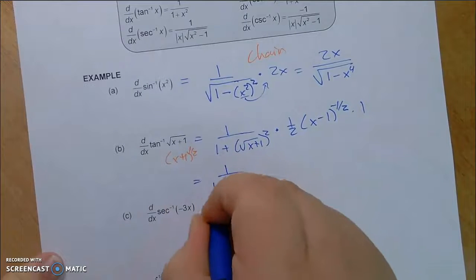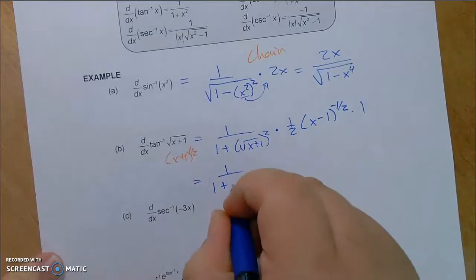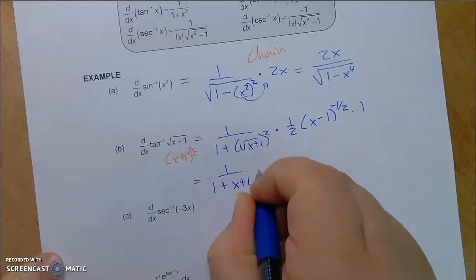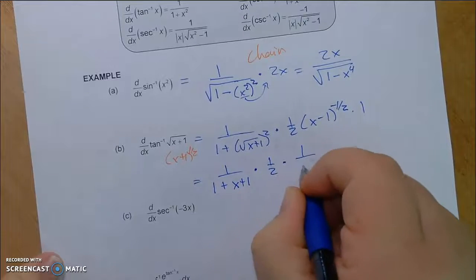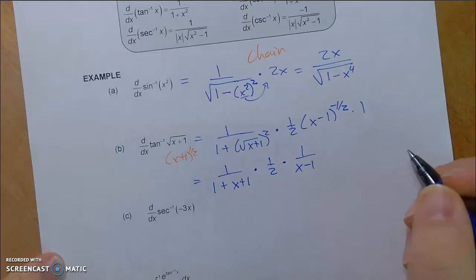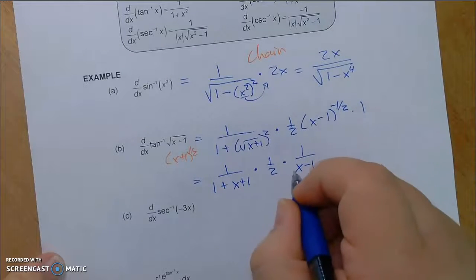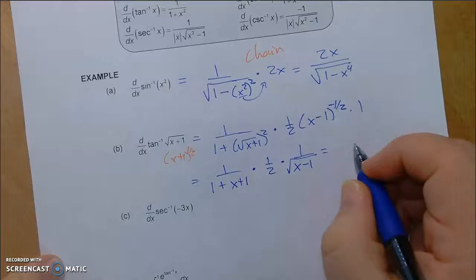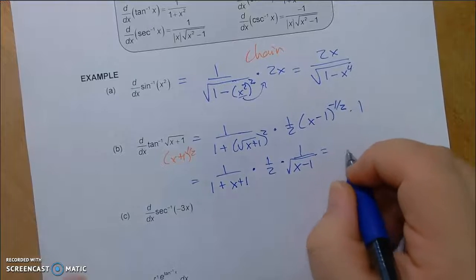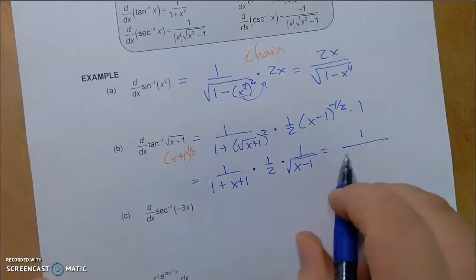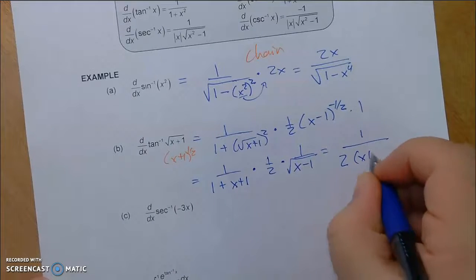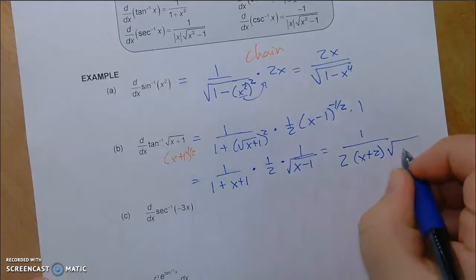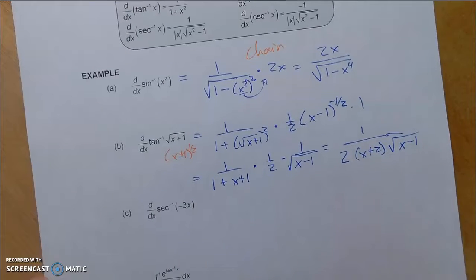So 1 over 1 plus, square this, x plus 1, times 1/2 times 1 over the square root of x minus 1. Oops, that's a square root. So if we simplify this, we get 1 in the numerator. We've got a constant of 2. This becomes x plus 1 and a square root of x minus 1. Cool.